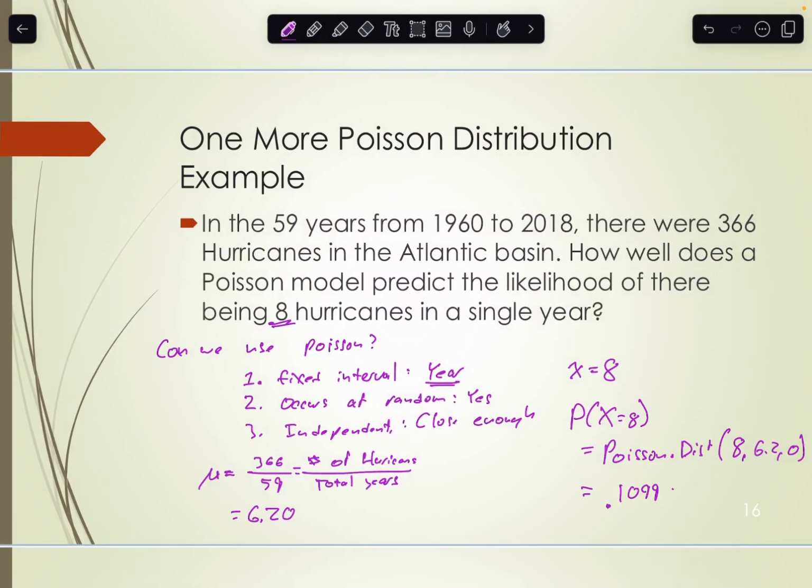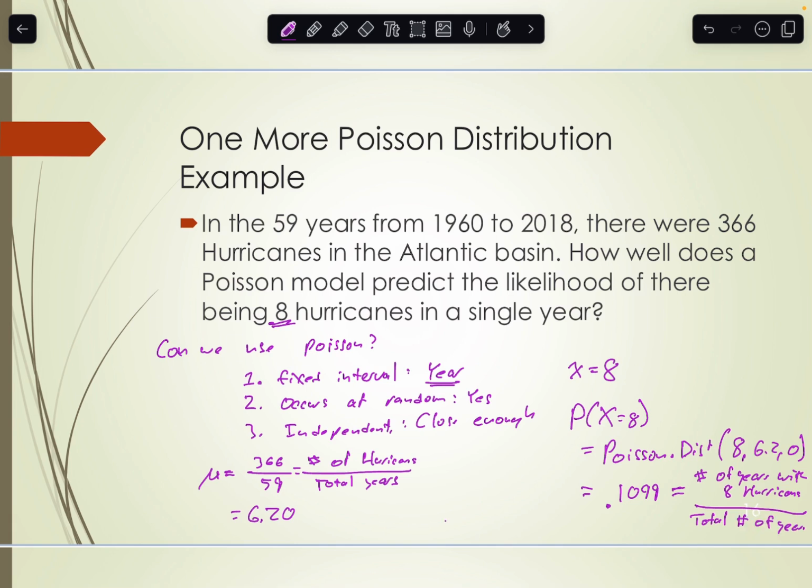How well does the model predict the likelihood of there being 8 in a year? That is the probability of there being 8 in a year. And so that is an approximation of the total number of years with 8 hurricanes divided by total number of years. That's the relative frequency approach to probability.